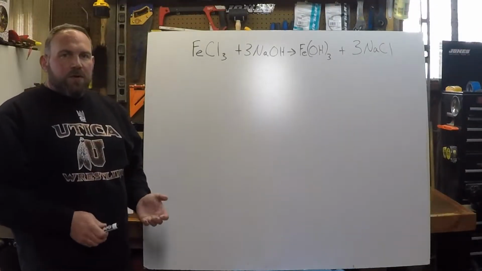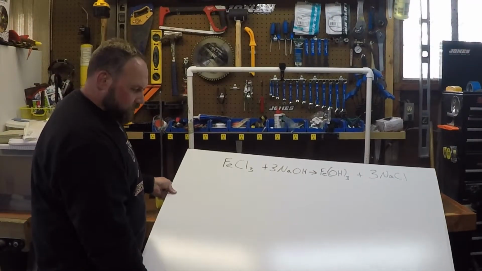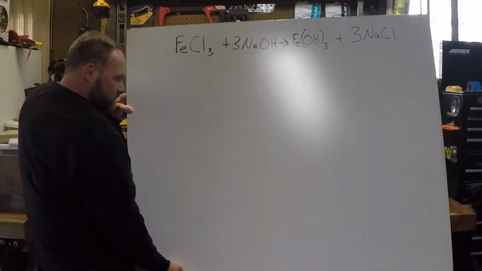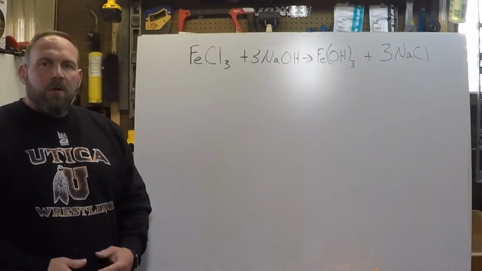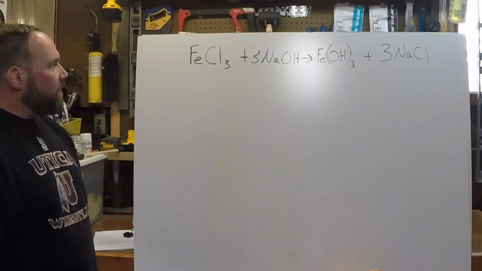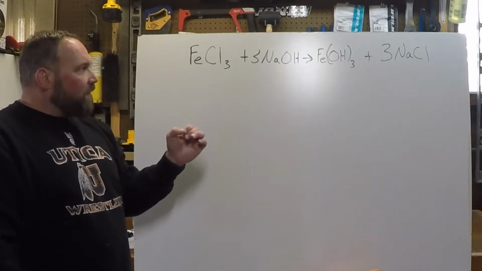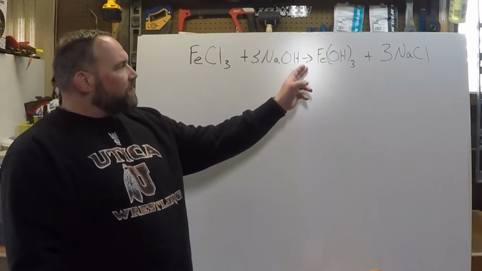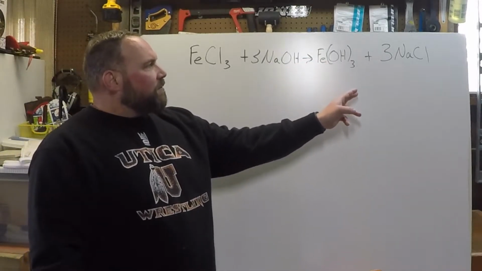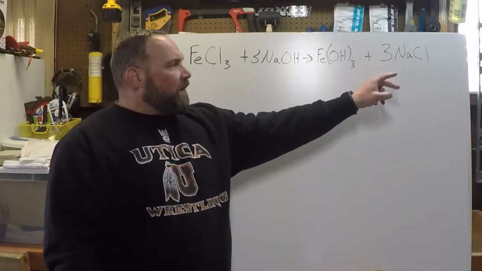So we're looking at this chemical reaction on our paper. FeCl3 plus 3 NaOH gets us Fe(OH)3 and then 3 NaCl.